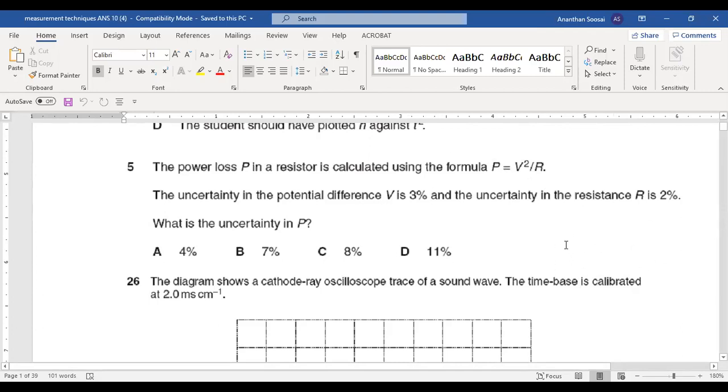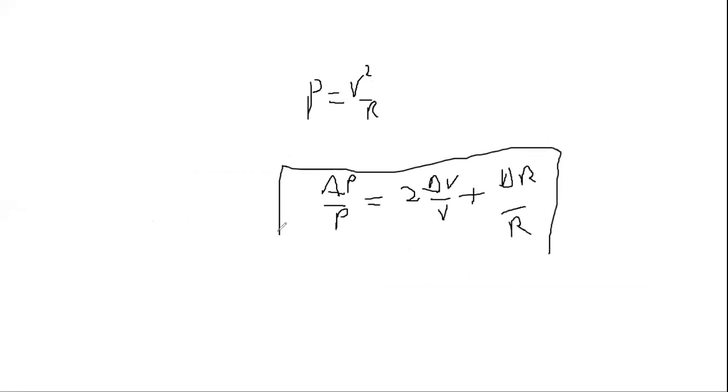Okay, I need to show you this. So please remember the V is 3%, R is 2%. P equals to V squared over R. So changes of P over P equals to 2 changes of V over V plus changes of R over R. I hope everyone got this equation correctly.